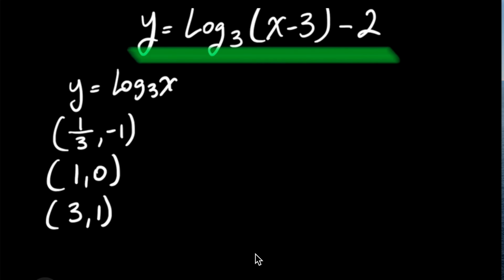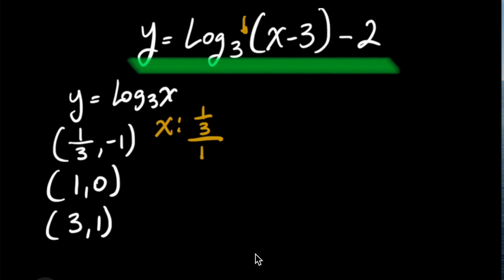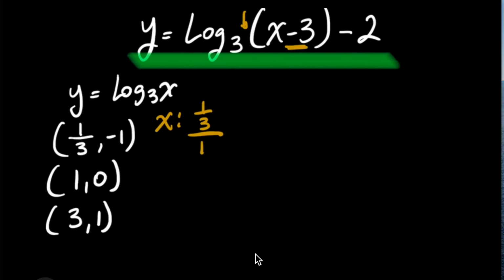We are now going to transform the points using the formulas that we just reviewed. So our new x value is going to be 1/3 divided by b. Our b value here is positive 1. And then, because the formula says to use negative c, we're going to take the opposite of what we see here in this argument, and we are going to add 3. So our new x value is going to be 3 1/3.